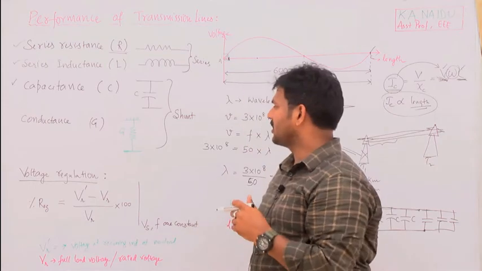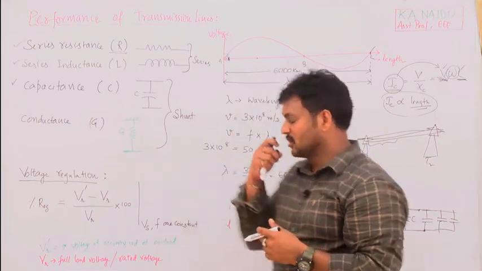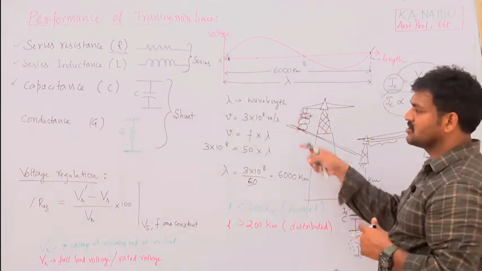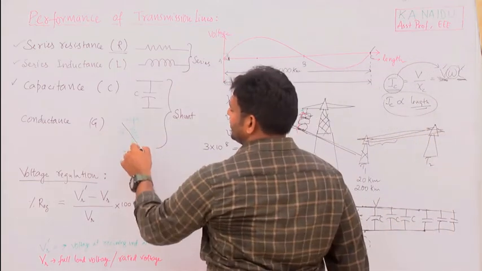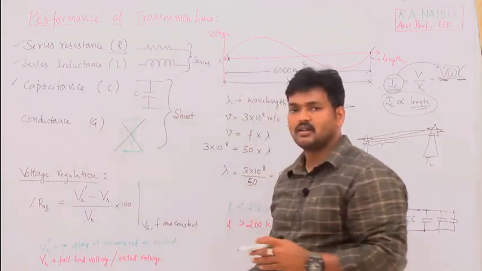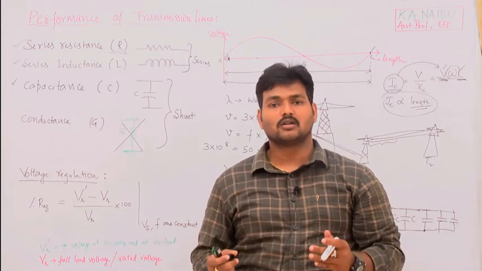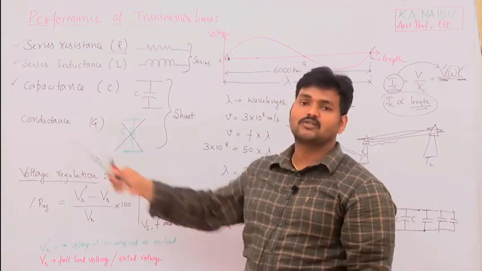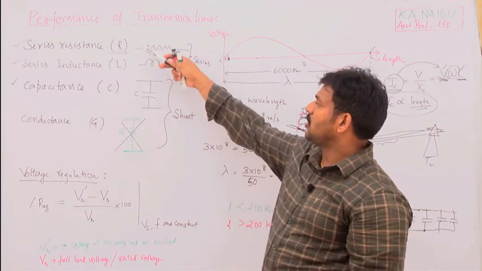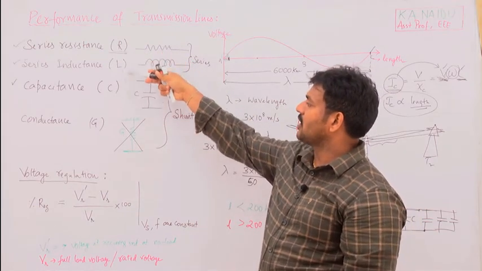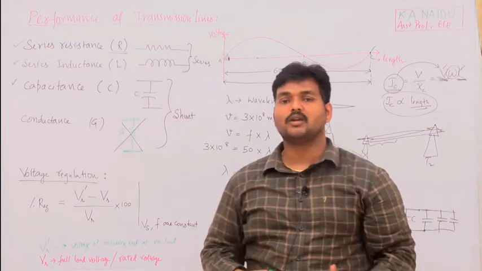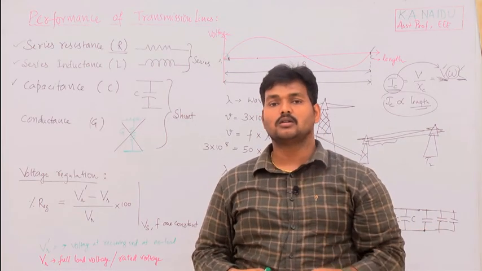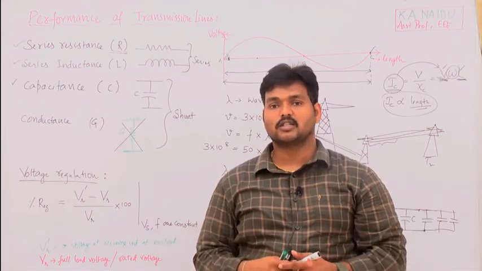However, in determining the performance, the leakage currents are negligible and therefore the effect of conductance is usually neglected. Whatever the operating voltage or the length of the line, we do not consider the effect of this fourth parameter, conductance. However, we will consider the effect of R, L and C based on the operating voltage and the length of the transmission line.